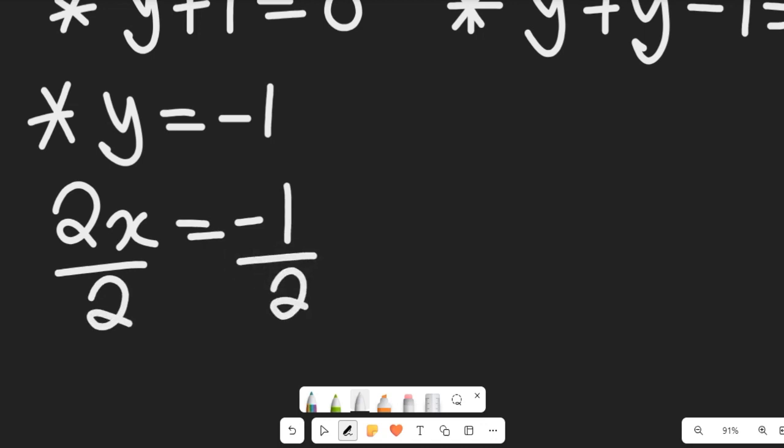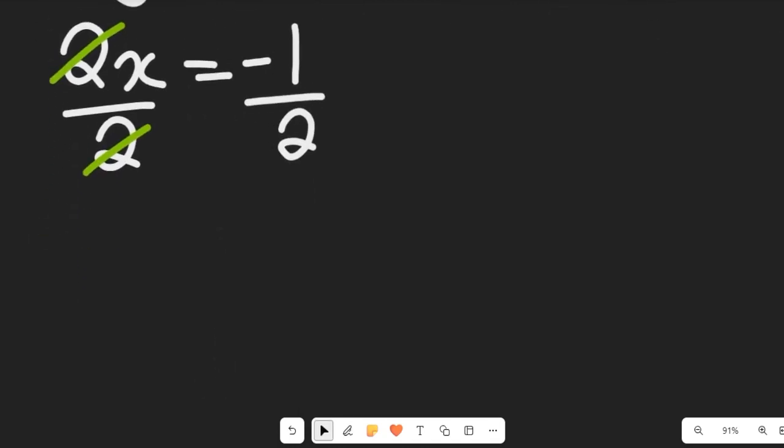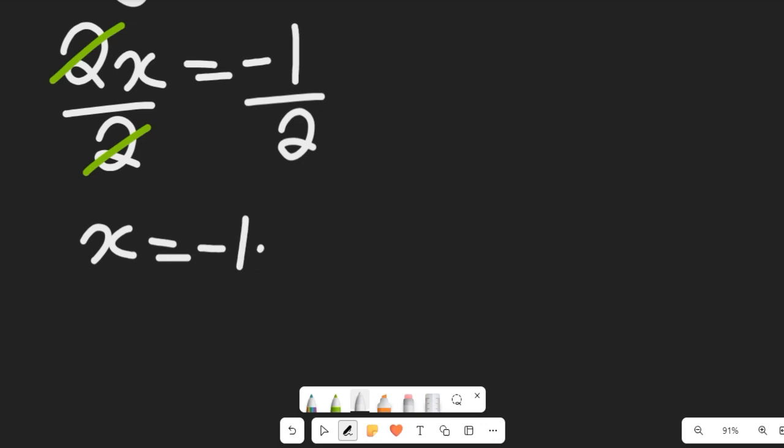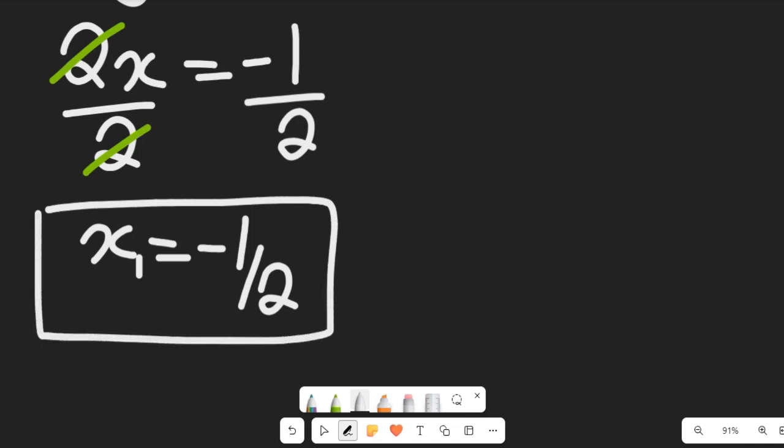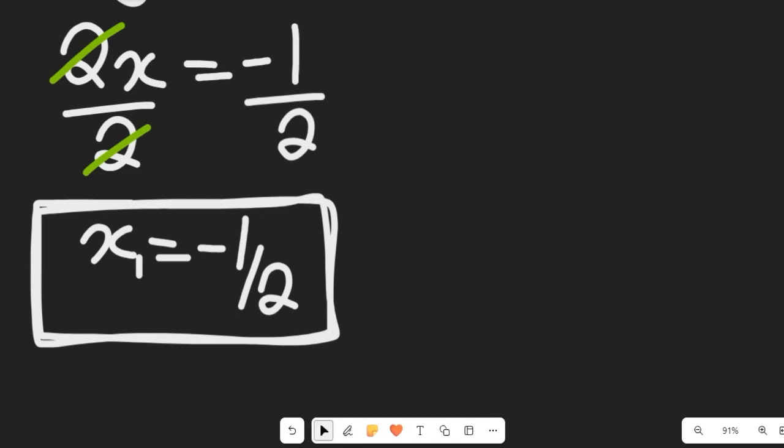Once we divide by 2, the 2 will just clear the 2. And what we'll have as our value for x, which is the value we are asked to look for, is x equal to negative 1 divided by 2. And that is the first solution for the value of x. So we'll take our x1 to be equal to negative 1 divided by 2.